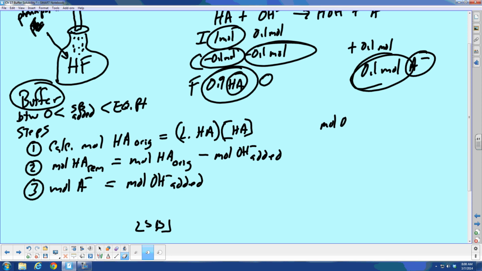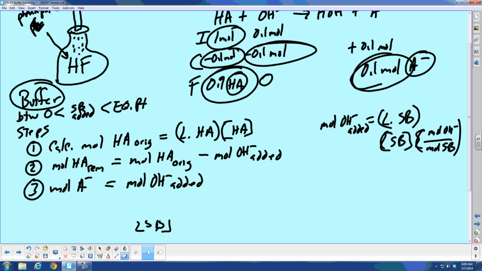Well, just to make sure, it's going to be the liters of my strong base added times the concentration of my strong base times the ratio, moles of hydroxide per mole of strong base. That's how I get my hydroxide added. Good.